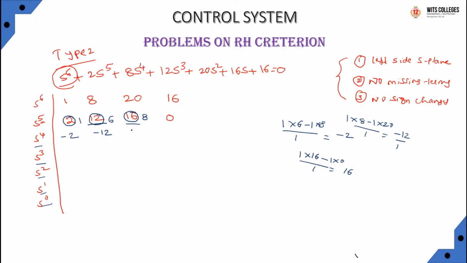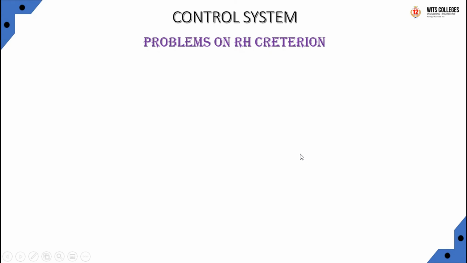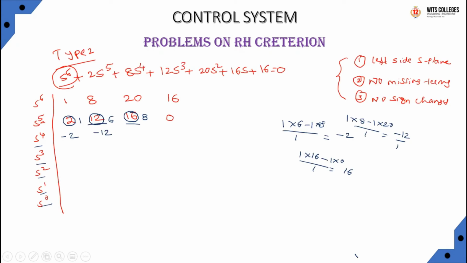Here we take 8 separately, so this value is 8. Separating 2 as common, and again the minus is common, we get 1, 6, minus 4.